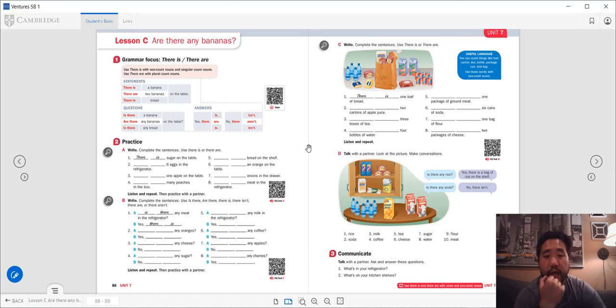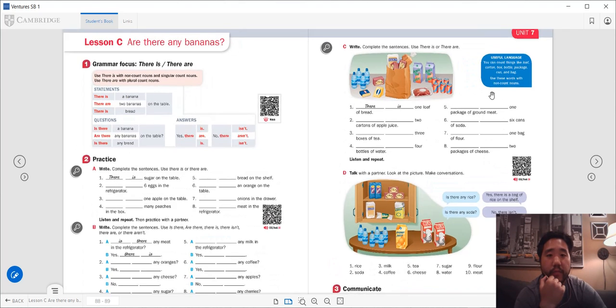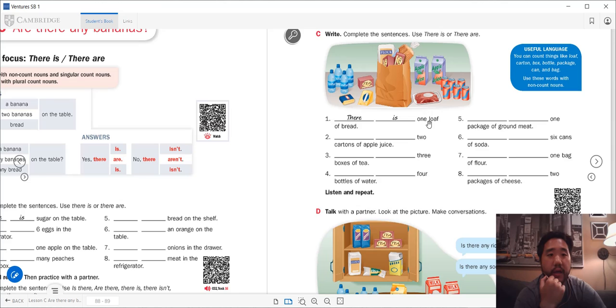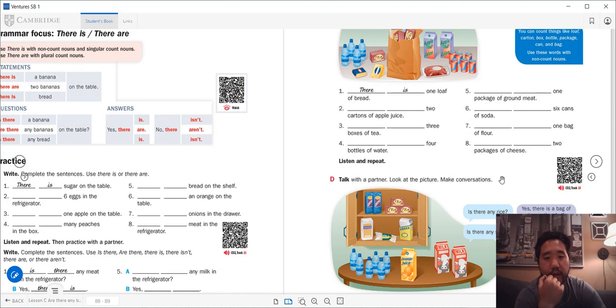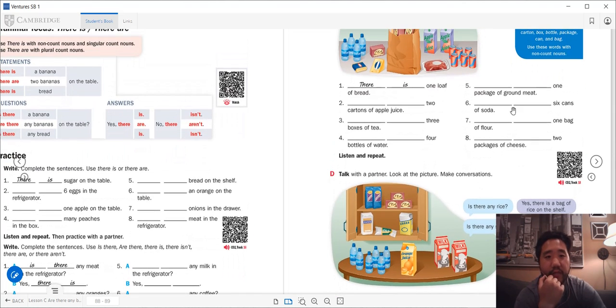And for non-countable nouns, we have to use certain words such as loaf, carton, box, bottle, something that contains the non-countable nouns, to count them. Okay? So this is very important.